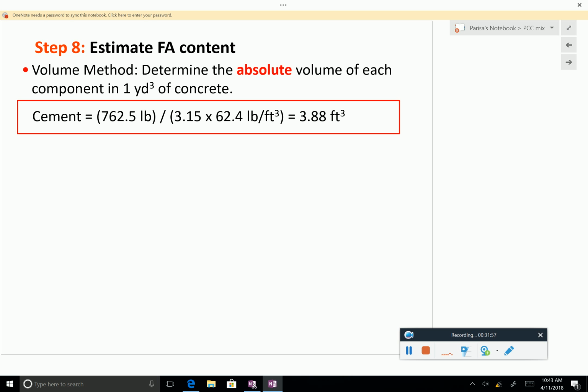Depends on what specific gravity. So for coarse aggregate, the bulk specific gravity which is given to you is in SSD. So you need to use the correct weight for that.